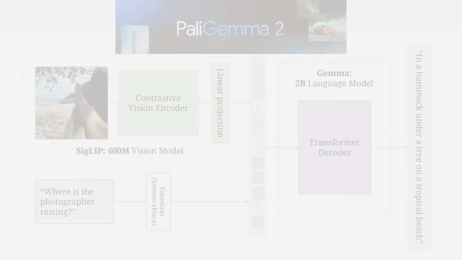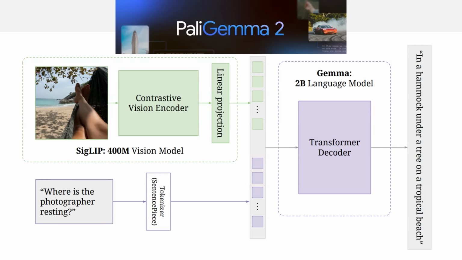And if you look at something like the Gemma model, you see an example of how this comes together: you've got some kind of vision encoder, which chops up that image and turns it through a linear projection into a bunch of tokens.